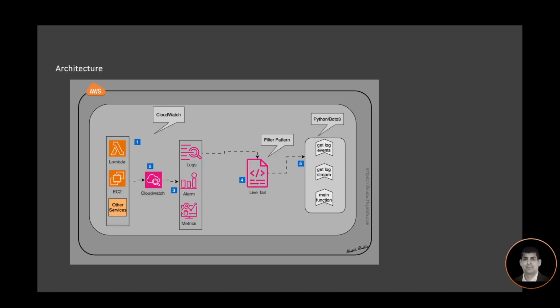So I have a Python program that has a function get log events, and then another function to get the log stream, and the main function that's calling all these functions together. So basically the idea here is that CloudWatch is getting all the logs from the services, and based on the filter pattern that we're going to identify in a configuration file, we will start the live tail using the Python Boto3 program.